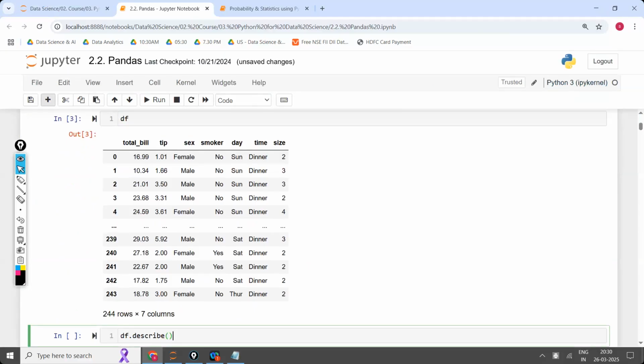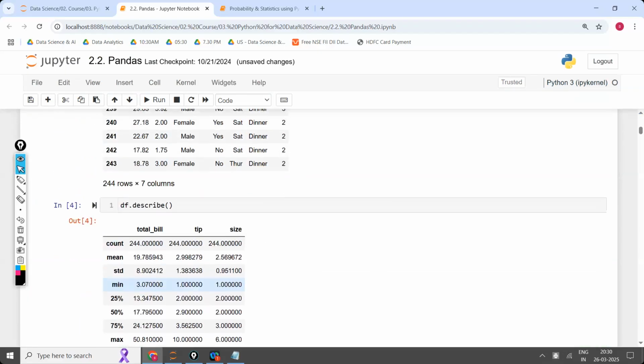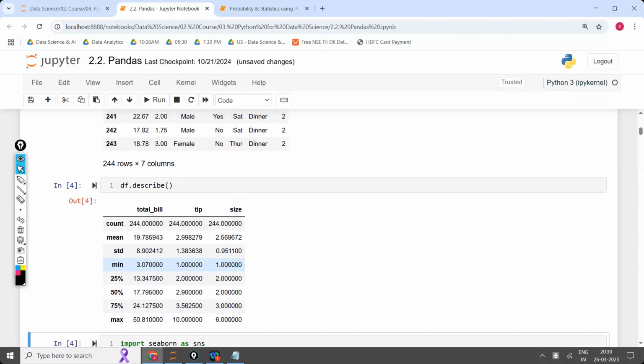When I write df.describe on the entire data, it will apply to each and every numerical column. Here, the numerical columns are total bill, tip amount, and size. For all three of them it will apply. But is it correct?